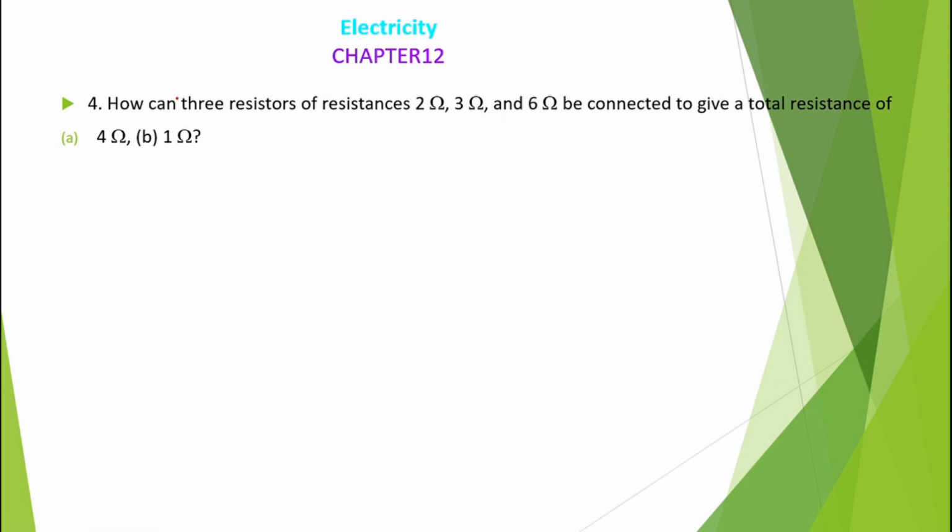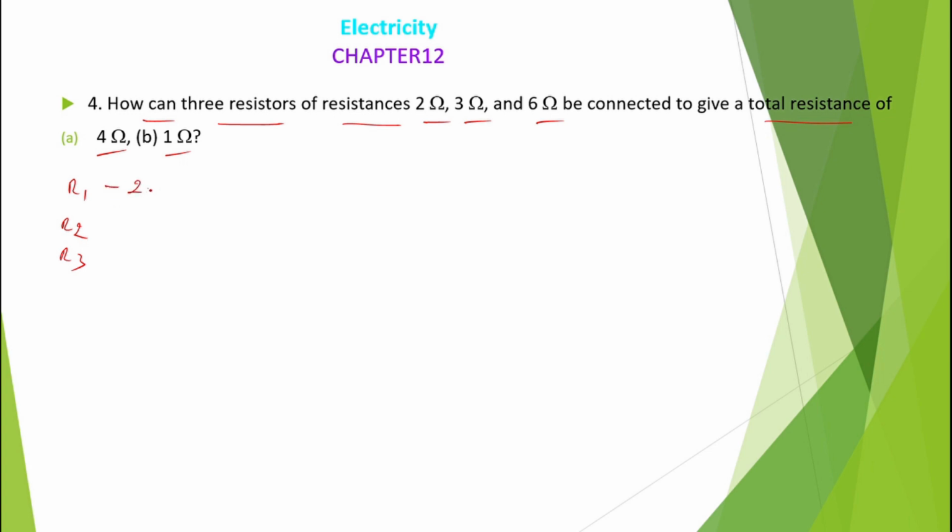This is the benefit we got for connecting the devices in parallel. So here, how can three resistors of resistances 2 ohm, 3 ohm, 6 ohm be connected to give a total resistance of 4 ohm and 1 ohm? So trial and error we have to do this question. He has given R1, R2, R3.